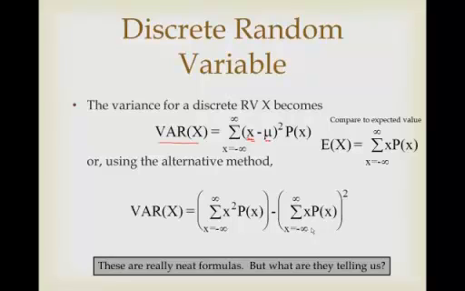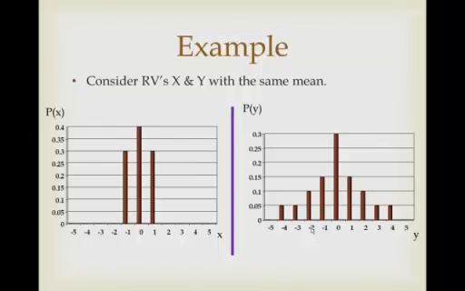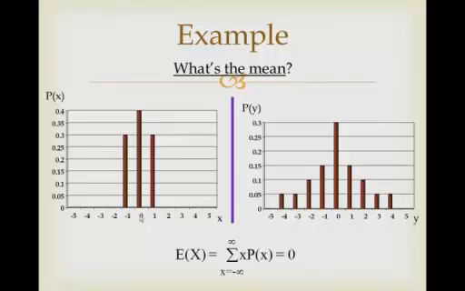If we look at random variables x and y, and they both have the same mean, they both have mean 0. And we can see that. If we took each individual value of x and multiplied it by its probability, for this one the value would be minus 1, with a probability of 0.3. Then the value of 0 with a probability of 0.4, sorry.